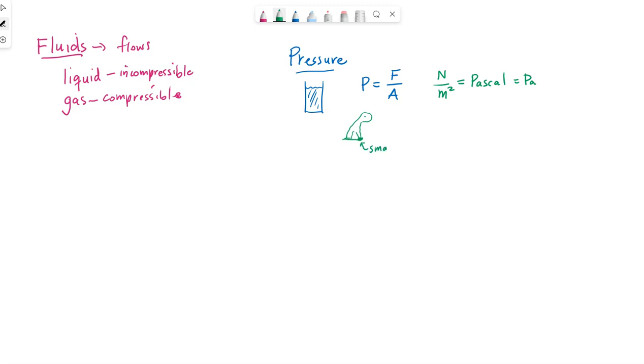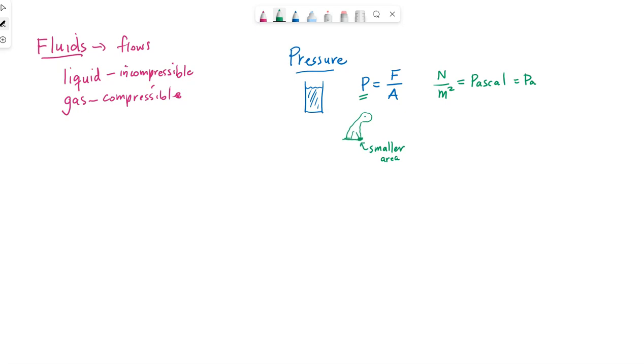The smaller area of their paw hurts. I feel that more, even though their weight overall is the same. And so I'm feeling a larger pressure because the force is concentrated in a smaller area. So pressure is not just force, but how that force is distributed.